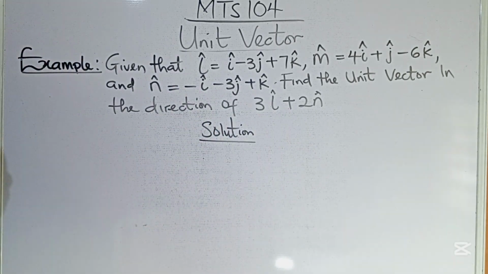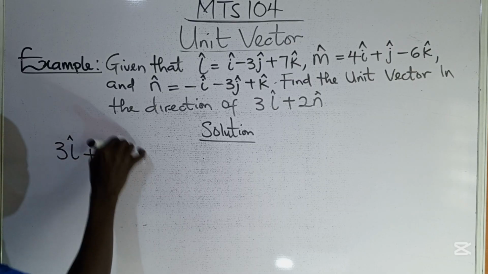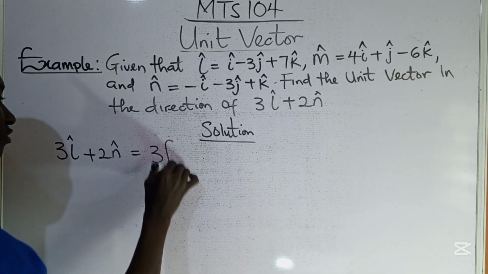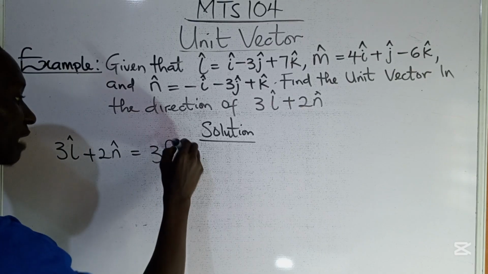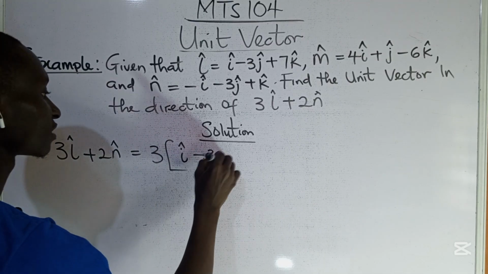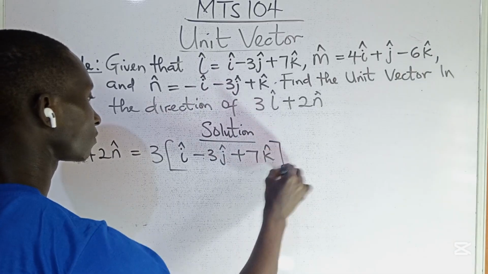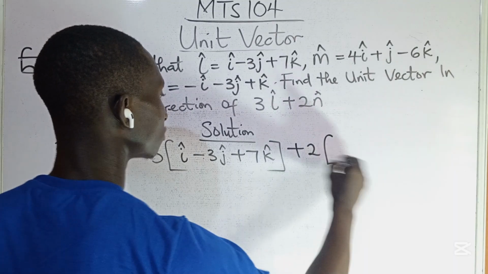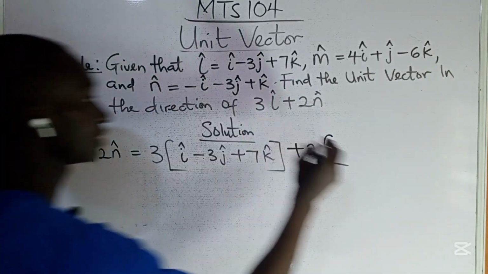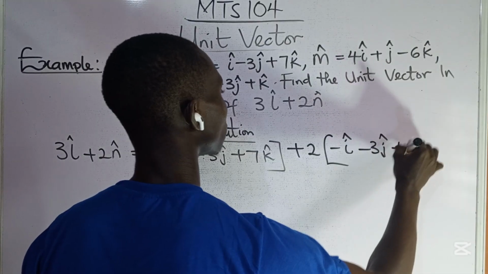Let's find the vector, which is 3L plus 2N. That's 3 into bracket, what is L? Vector L is given as i minus 3j plus 7k. That becomes plus 2 into bracket N, and N is minus i plus 3j plus k.